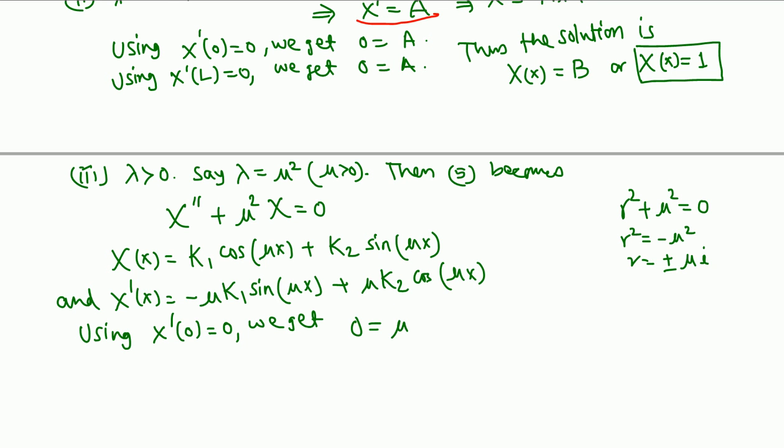So mu k2, mu is positive, look at here, so this forces k2 to be 0, because we got a product of two things, 0, and mu is not 0, that means k2 is 0.